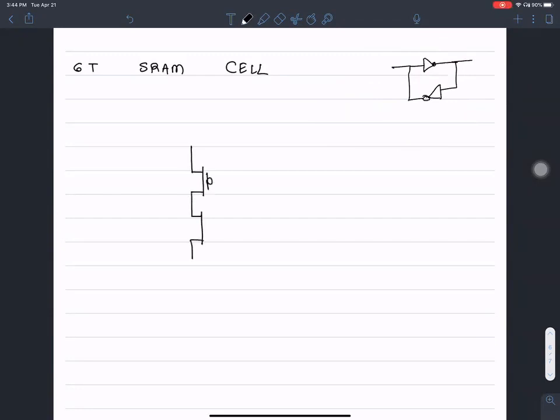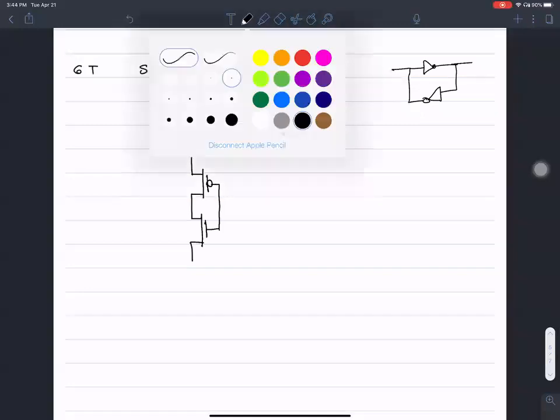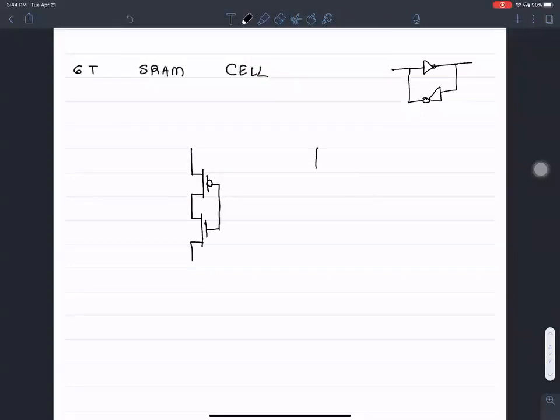There is a PMOS, there is an NMOS. So that's one inverter. There's another inverter pair here. We are looking at the internal connection of an SRAM cell that uses 6 transistors.